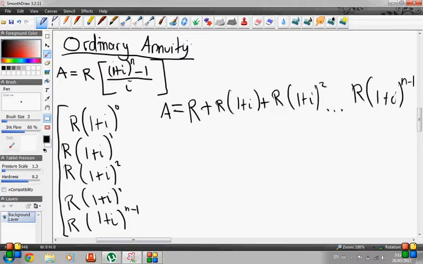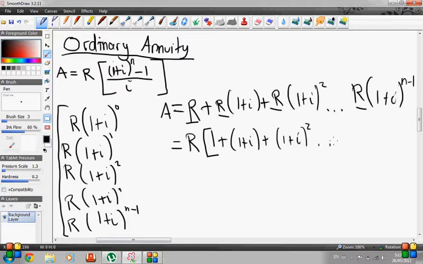Now we see a common term between all of these, which is R. If we factor out R, we get R times the bracket 1 + (1 + I) + (1 + I) squared, all the way up to (1 + I) to the power of n minus 1.